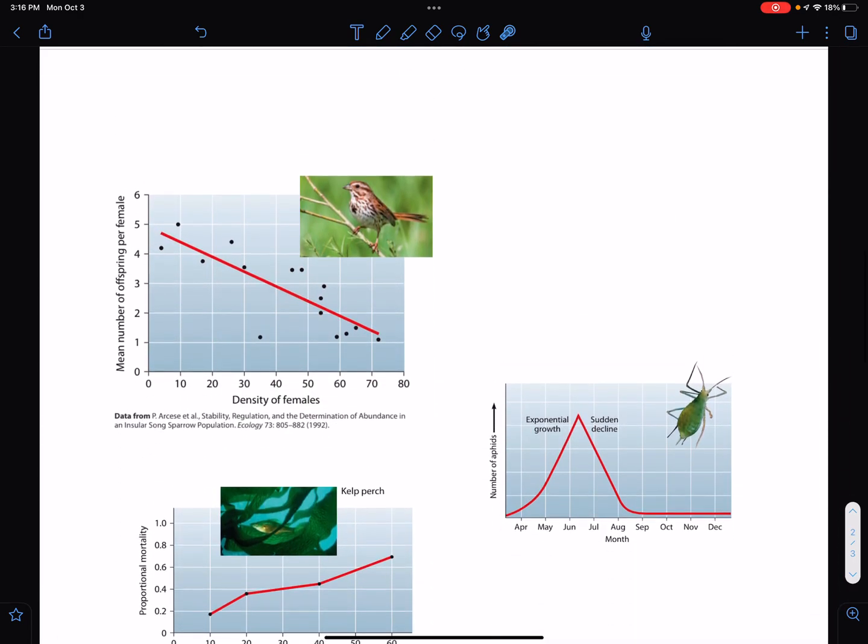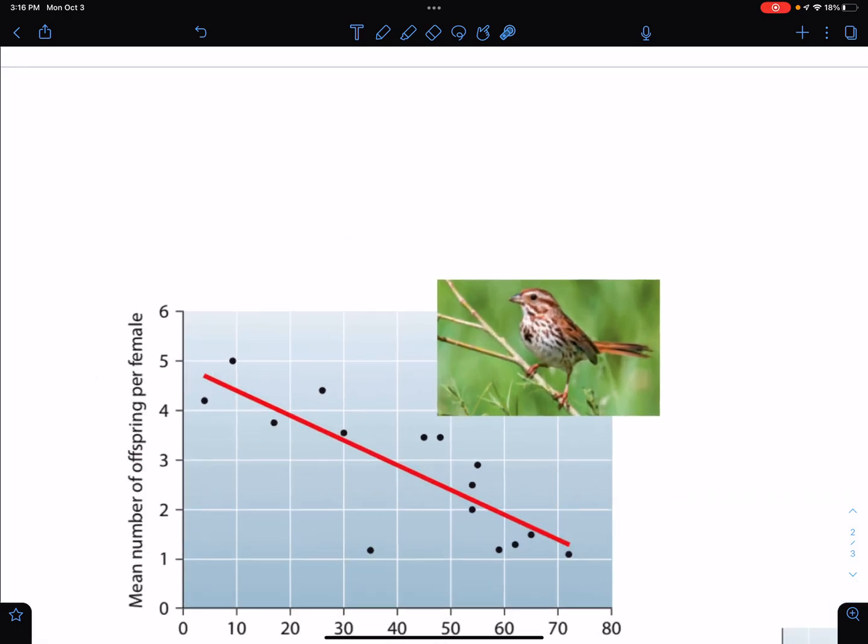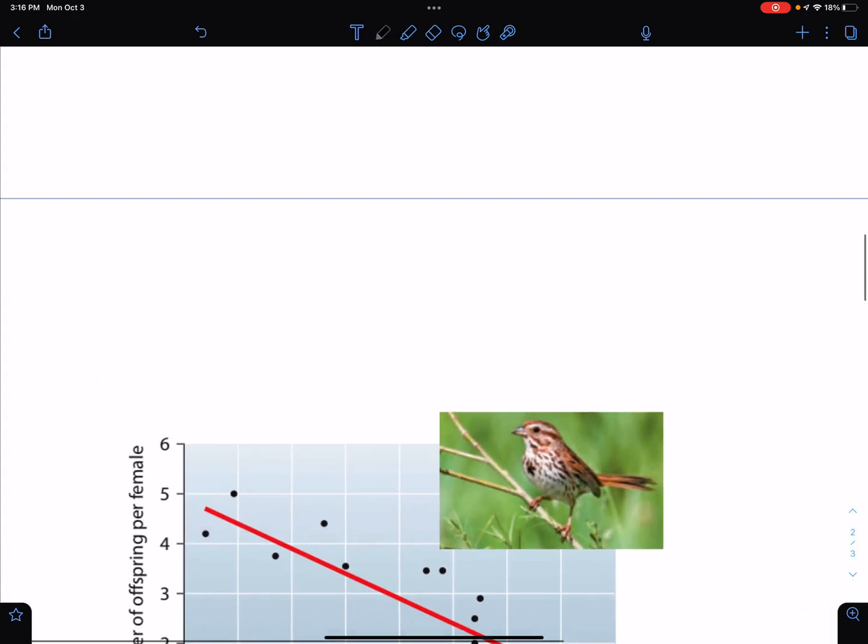So I'm going to scroll down here, and on the other side, I want you to write down density-dependent factors.